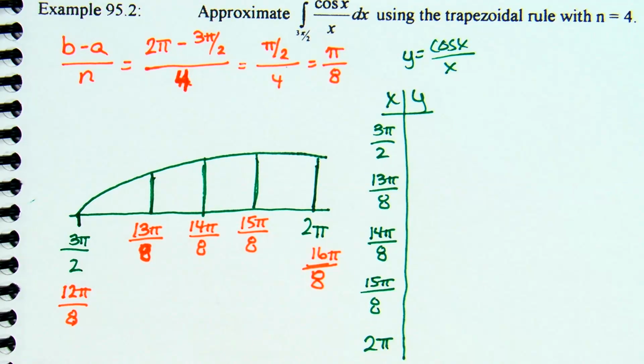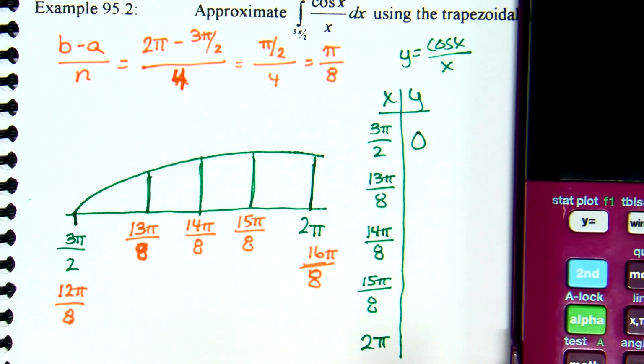And then I would say cosine of 13 pi divided by 8 in parentheses. You guys can't even see what I'm typing. And then I'm going to have to divide by parentheses 13 pi divided by 8.